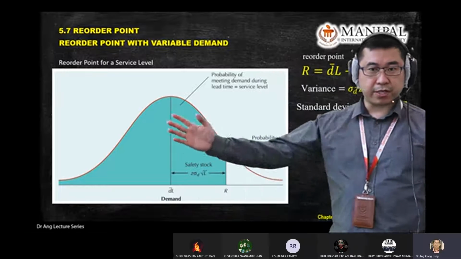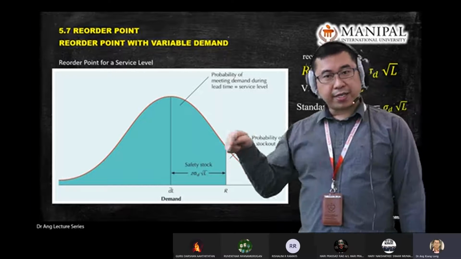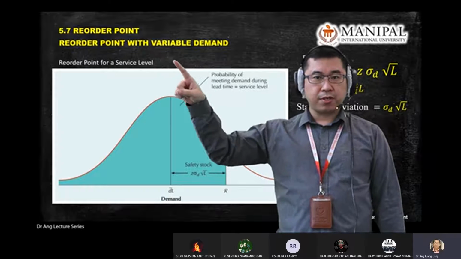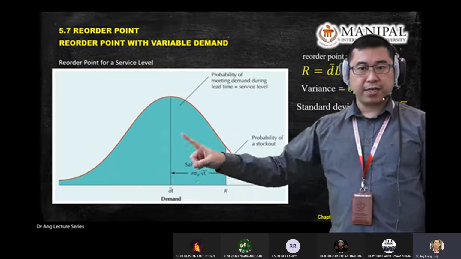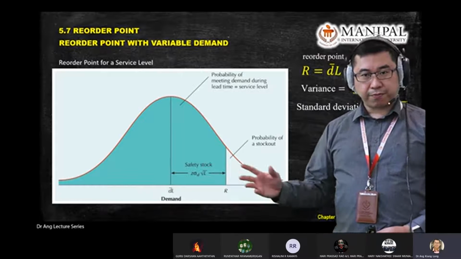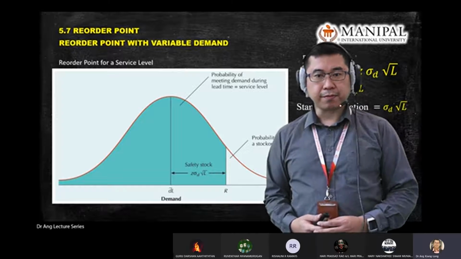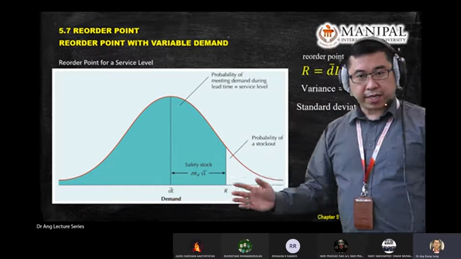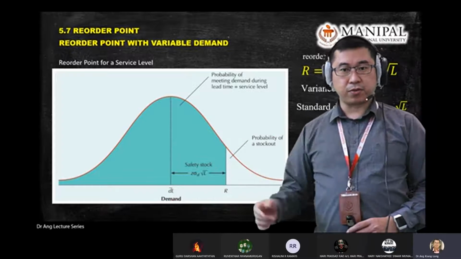We have one chapter that uses this normal distribution graph also, but in this chapter 5, we will still come back to the same approach where we need to use the normal distribution graph to find the probability of the scenario. Okay, so this one I think I gave you in your tutorial handouts.